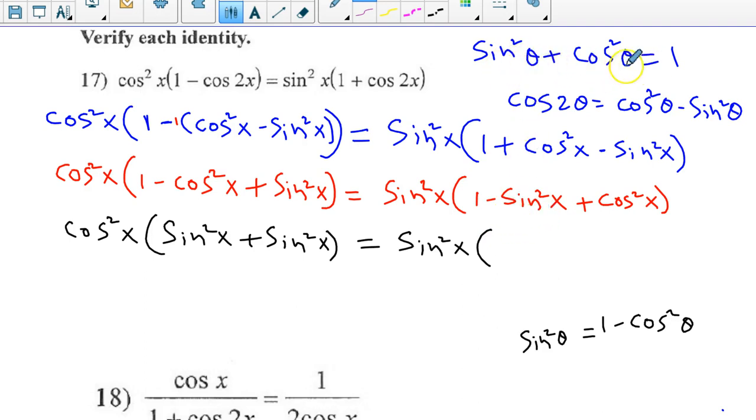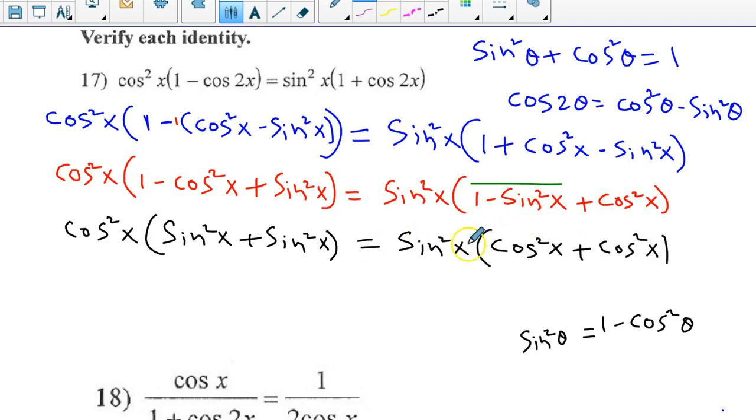Making use of the same Pythagorean identity, 1 minus sine square theta is equal to cosine square theta. So, I'll remove this. Instead of this 1 minus sine square x, I can write down cosine square x plus there is one more cosine square x.